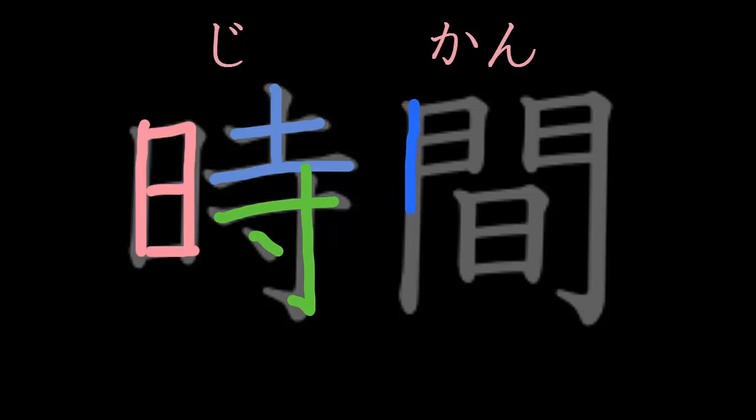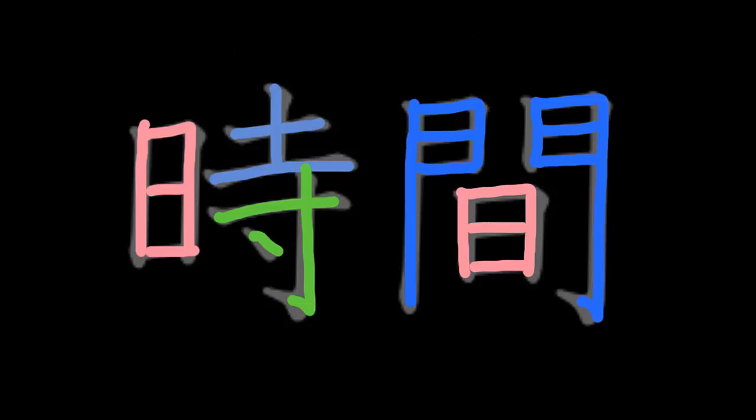So we're going to draw our gate first, down on the left, around, middle stroke, bottom stroke, and down on the right, around, optional tick, middle stroke, lower stroke, finishing with our sun in the middle, poking through, and that finishes our time word jikan.